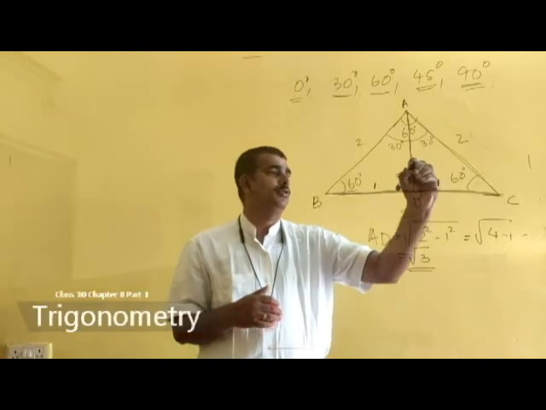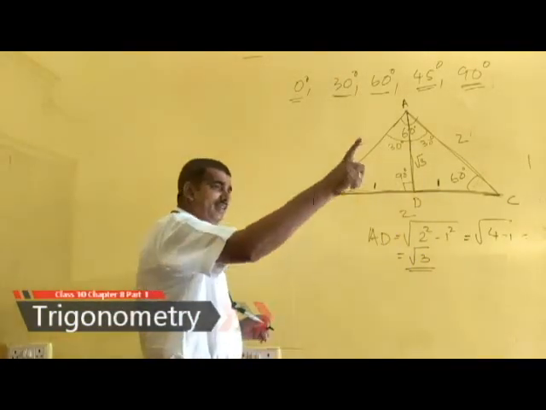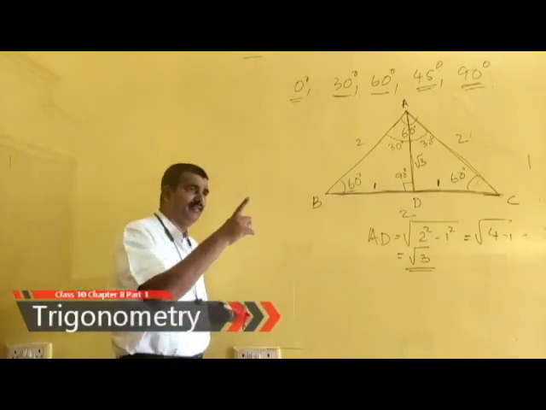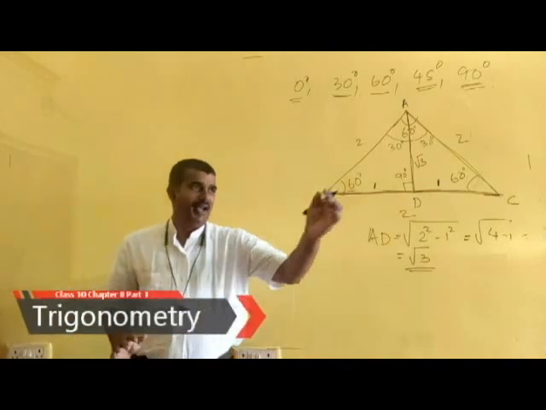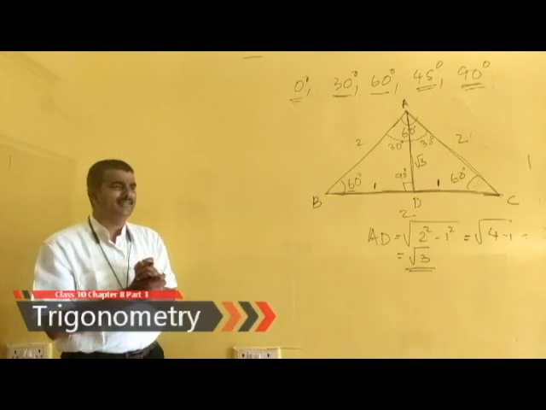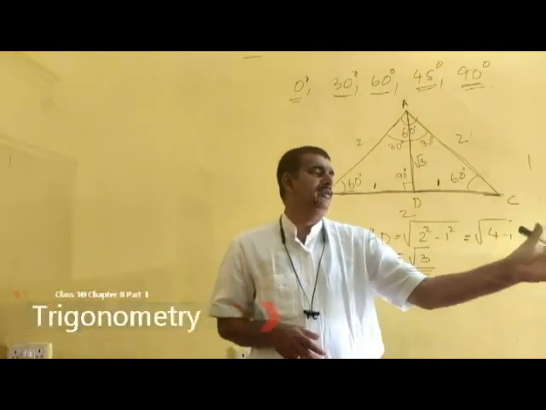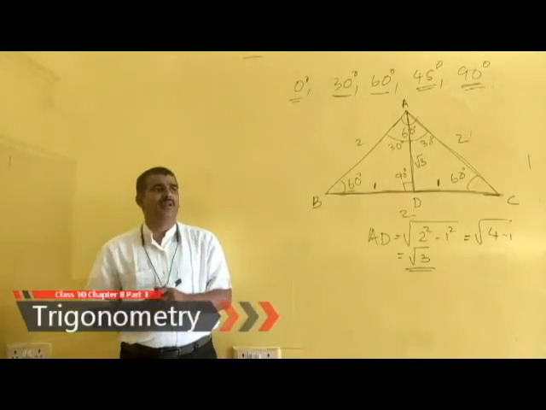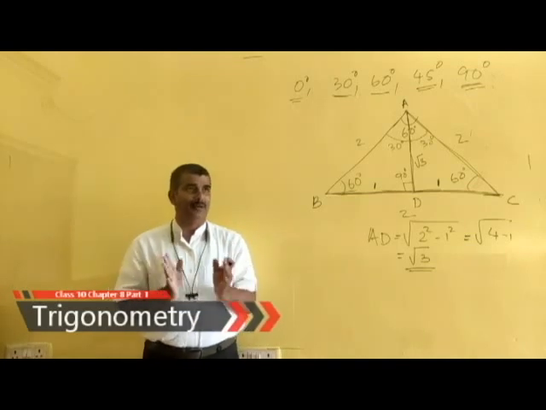AD is equal to root 3. Now all the 3 sides of this triangle ADB are given: root 3, 1 and 2. 2 angles are also known. So if you keep this picture in your mind, then you can find all values of all trigonometrical ratios of 30 and 60 very comfortably.